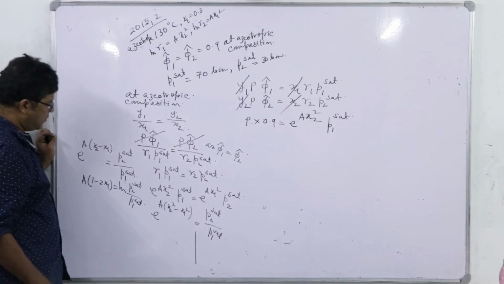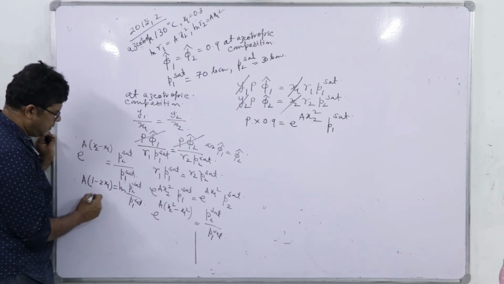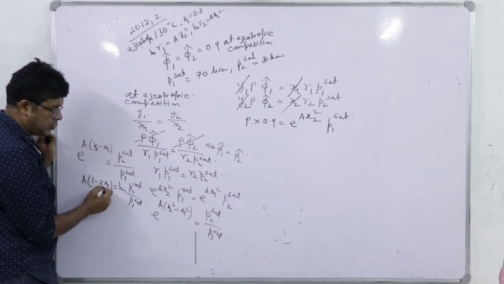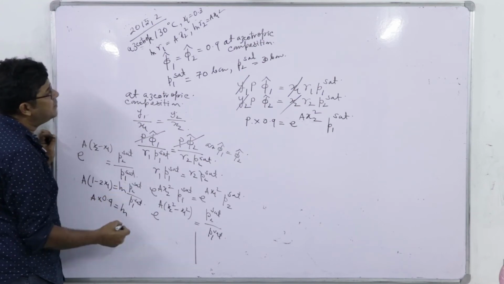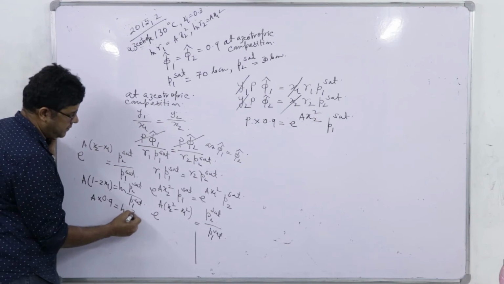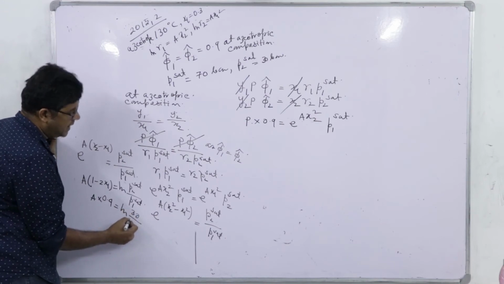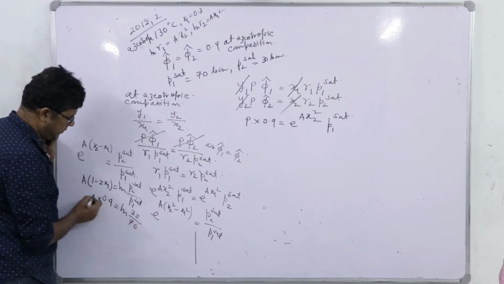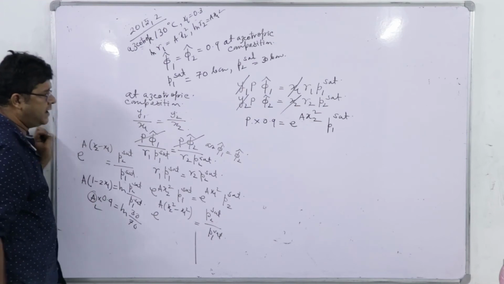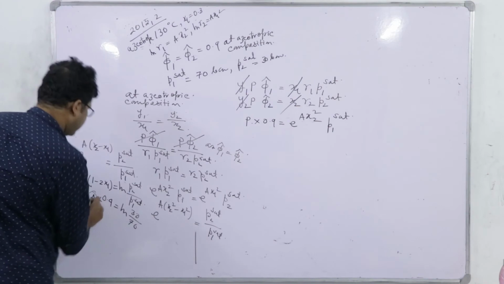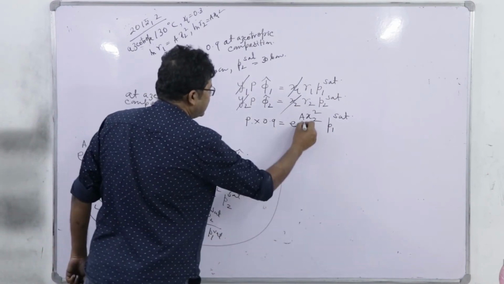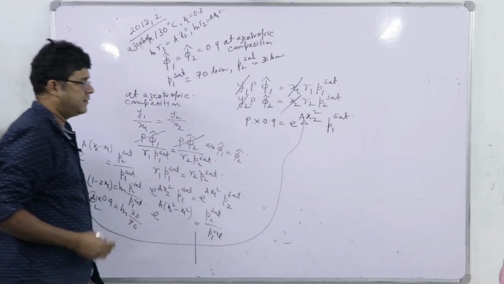So x1 equal to 0.3, so a into 0.4 equal to ln of P2 sat, which is 30, right, over P1 sat, which is 70. So from there we can get the value of a, and if I substitute that a here, I will get the pressure P.